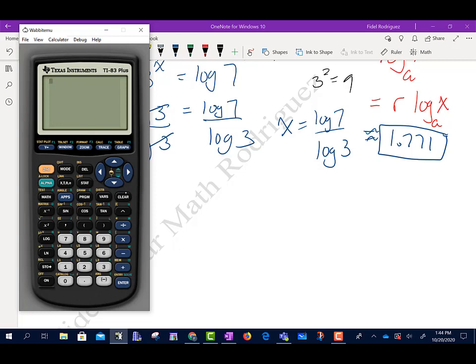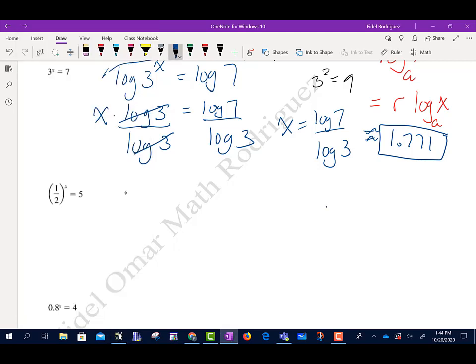That's entirely up to you. So, let's do the same thing here. This time, I'm just going to use the ln, just because we can, because my calculator is capable of doing either one. If you want to stick with a log because it's easier for you, hey, stick with a log. It's not a big deal.